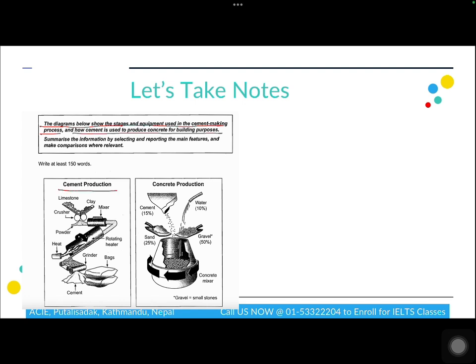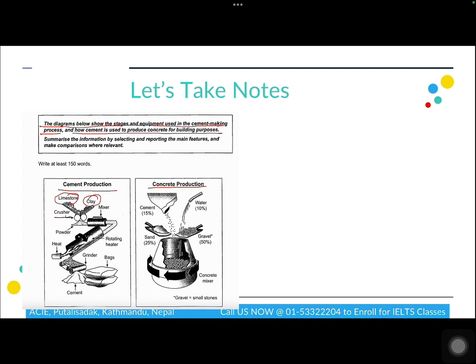So in the first figure, it shows the production of cement, while the second shows a diagram of concrete production. Now, is there any way we can try to figure out what is happening in both the figures? So here we can see that there are two raw materials, which are limestone and clay, which pass through various steps, right?